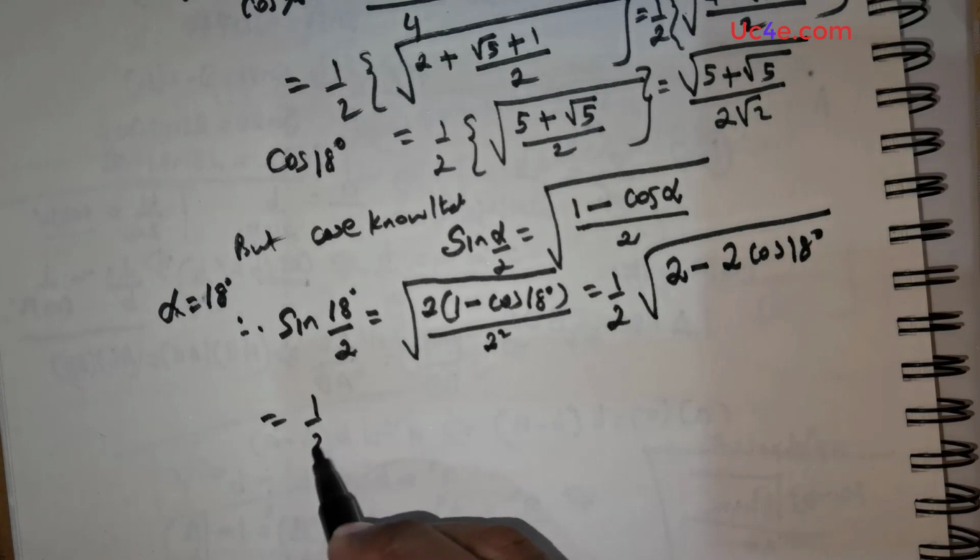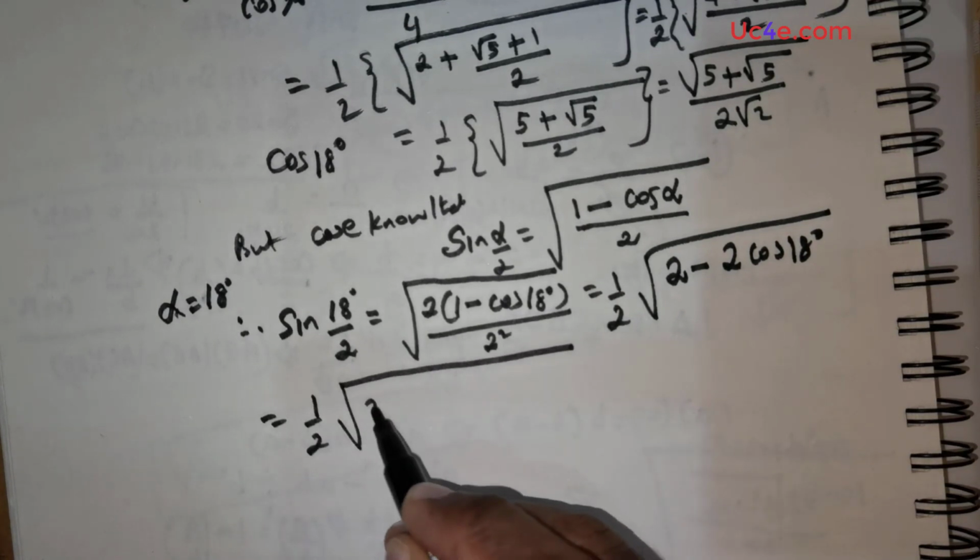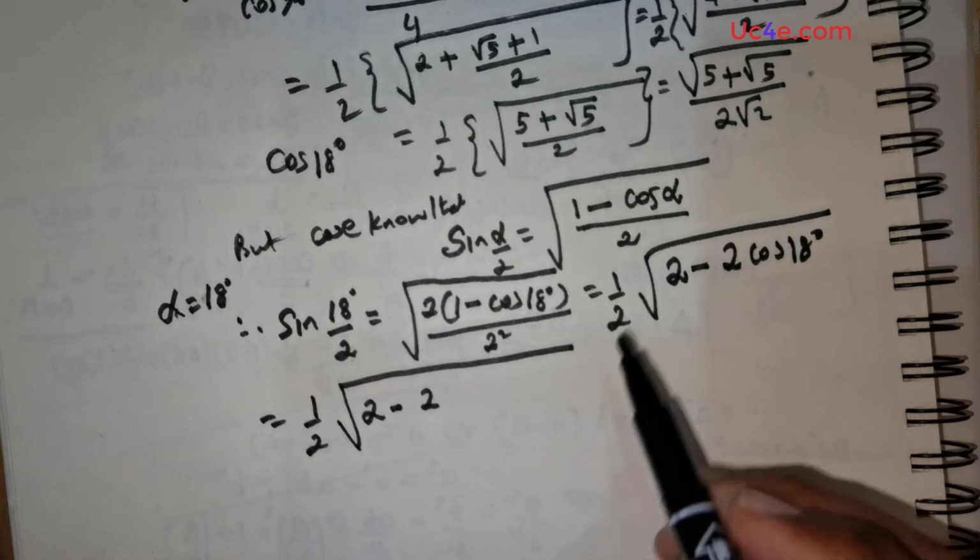So this is equal to 1 over 2 times the square root of 2 minus 2 times cos 18.